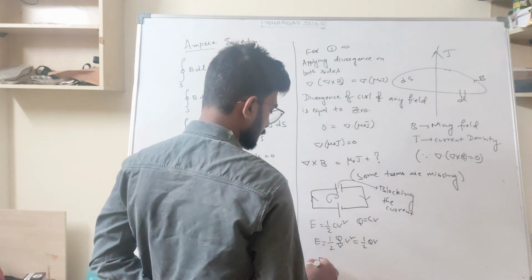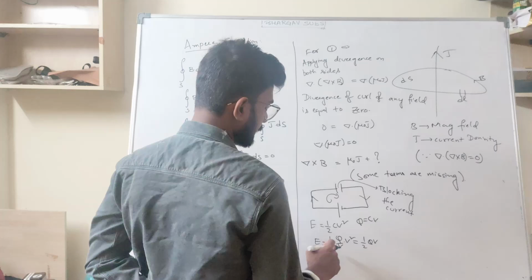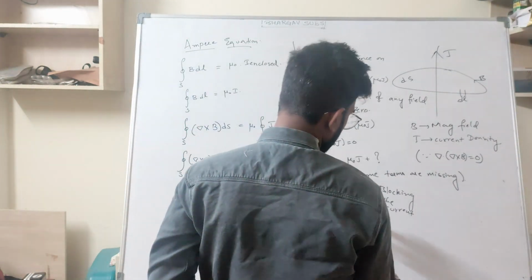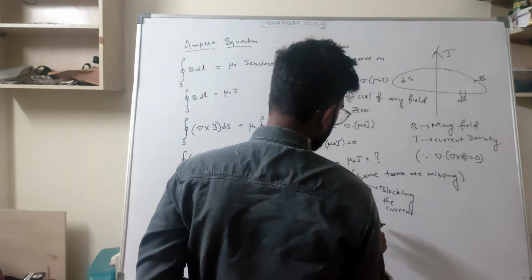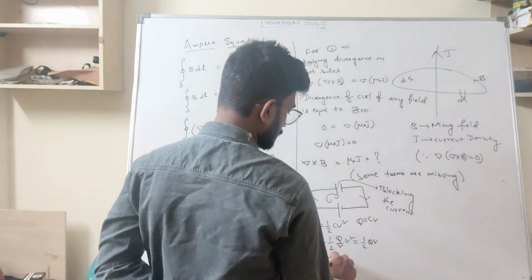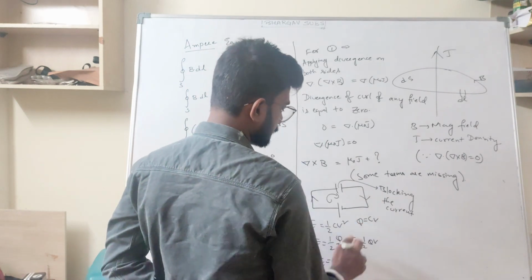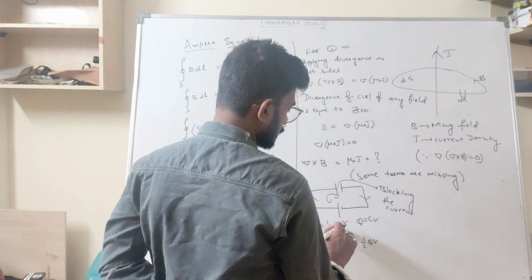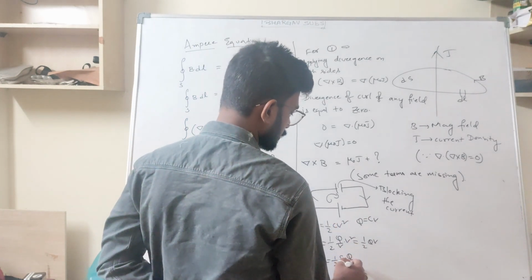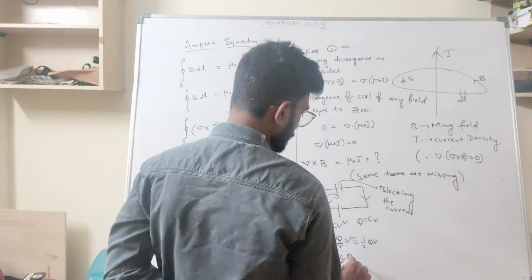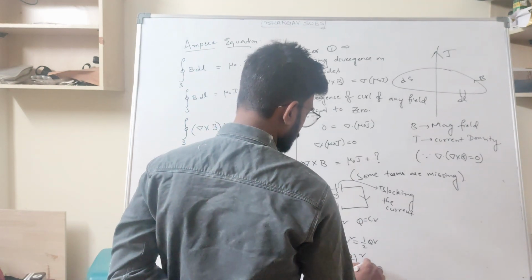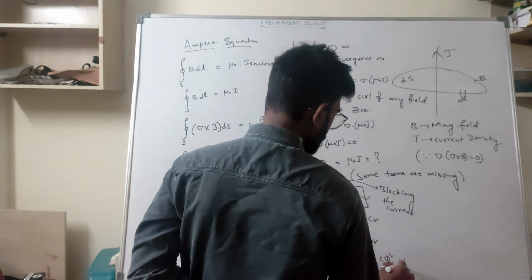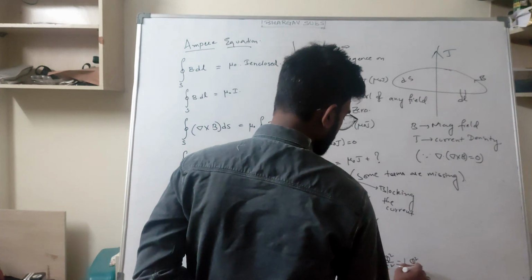So I got QV in terms of CV. Half into Q into V, I can write in terms of Q and C. So what is V? V is Q by C. Half into C into (Q by C) whole square, which is half Q square by C, right?